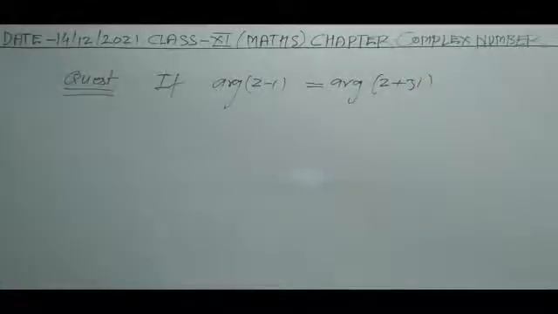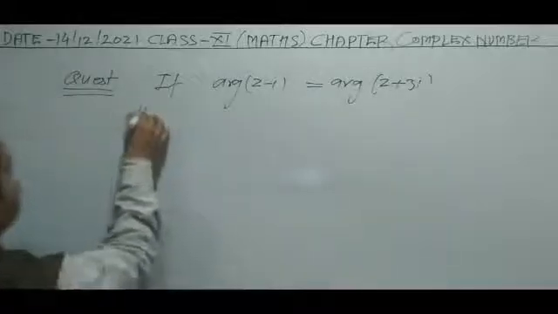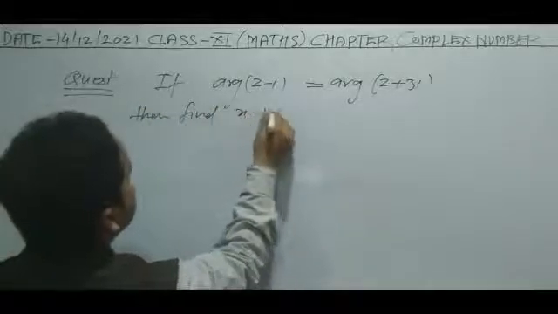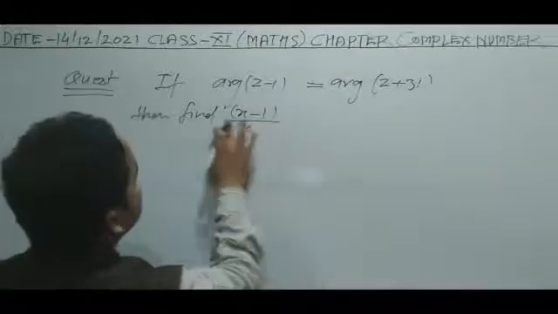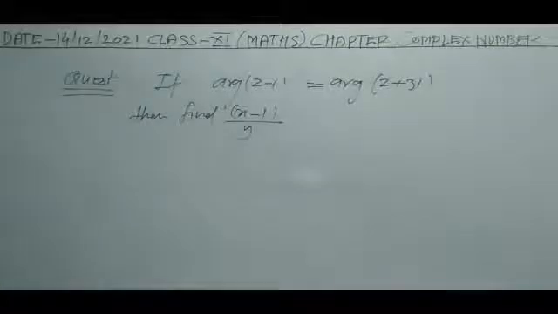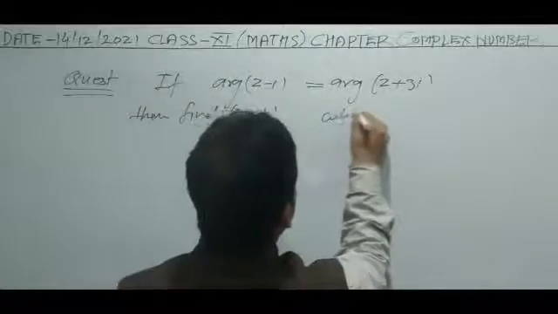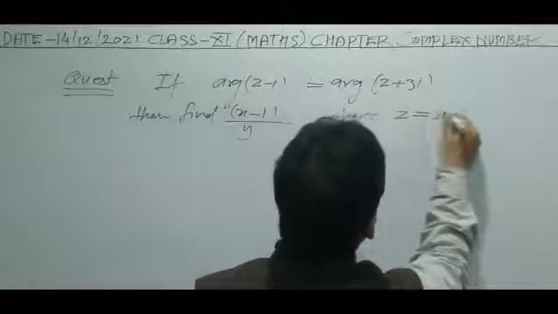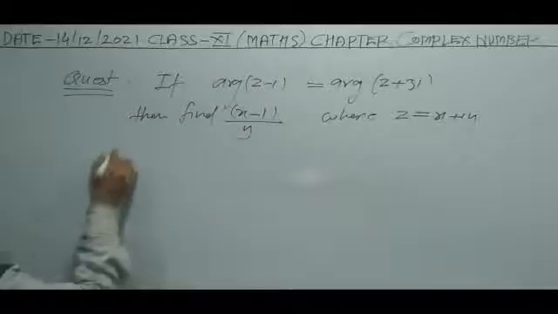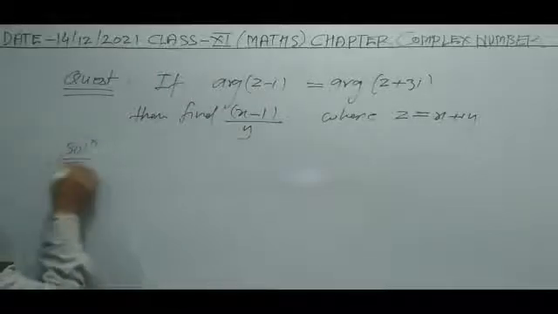Then find x minus 1 upon y, where z is equal to x plus iy. So see the solution.